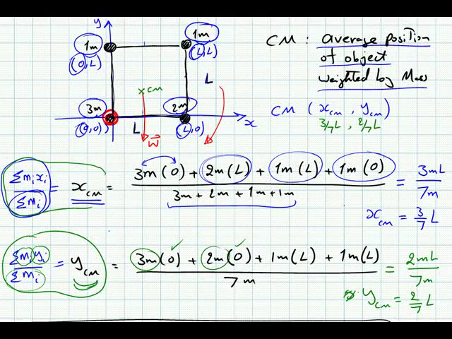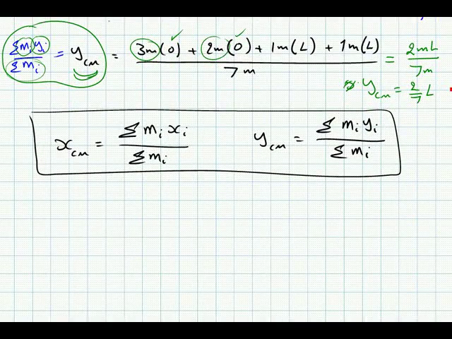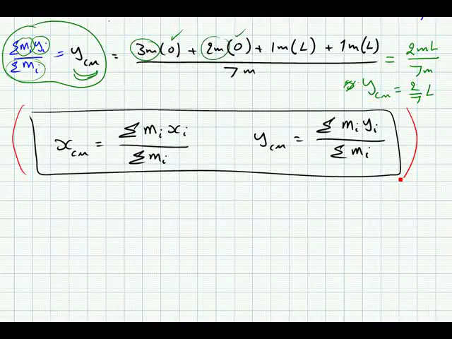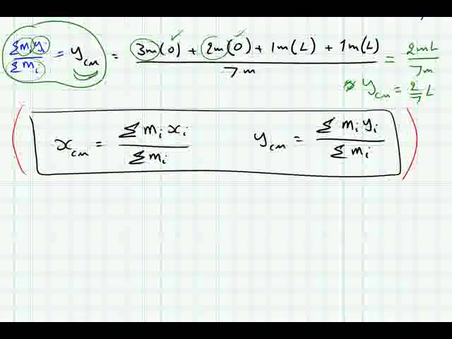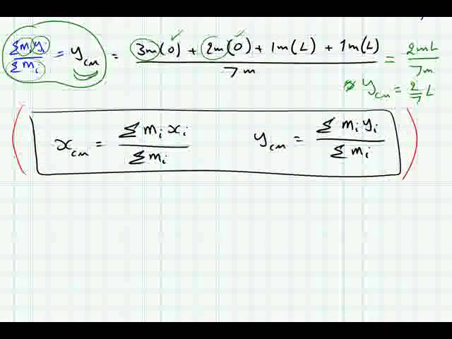So the expressions to utilize to calculate the center of mass for an extended body are rewritten here. Make sure that you draw a suitable XY coordinate system first, write out the XY coordinates for each mass, and then simply follow these expressions to calculate the center of mass.